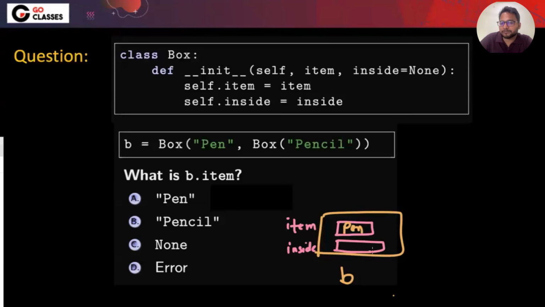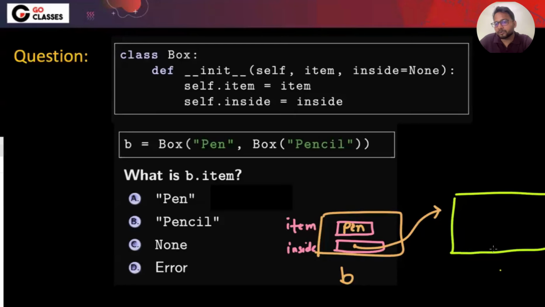Item you're initializing with pen. Is this visible to everyone? And this inside you're initializing with some object. So basically it is a reference, or you can say some pointer. We don't use the word pointer here, but this is fine. So basically this is a reference to another object which is actually Box. The name is not given here, which is fine.